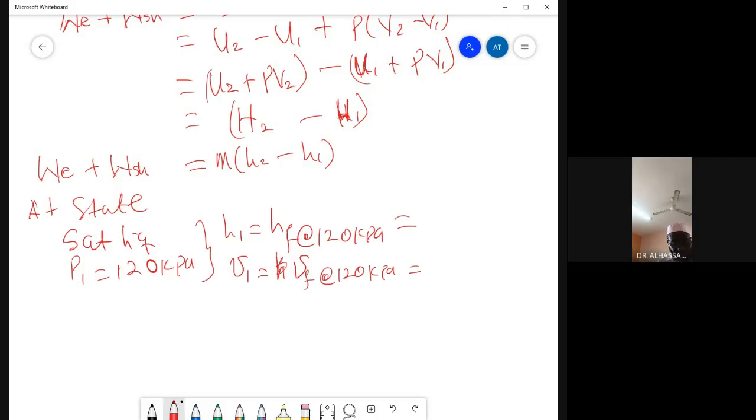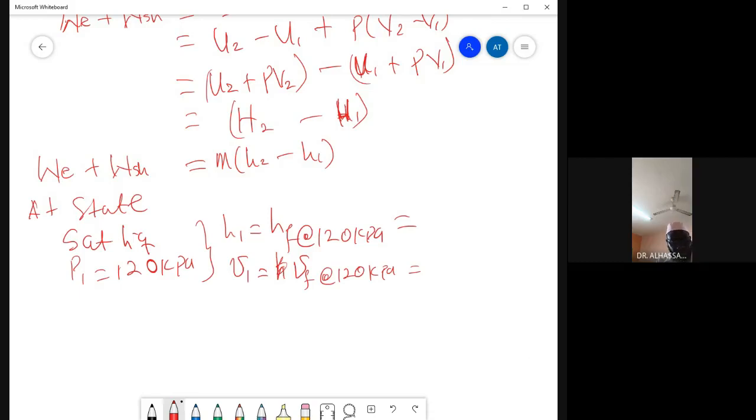At 120 kilopascal, you go to saturated. Be careful, it is refrigerant, not water. Okay, the working fluid is refrigerant. So refrigerant can be found in page 19.